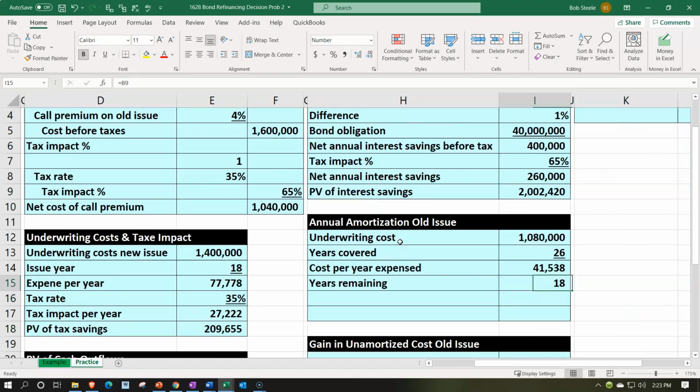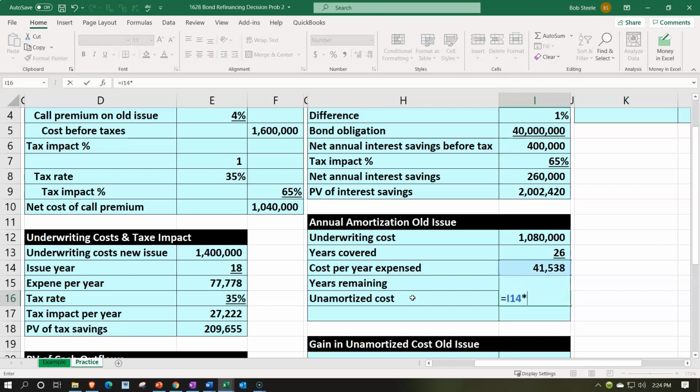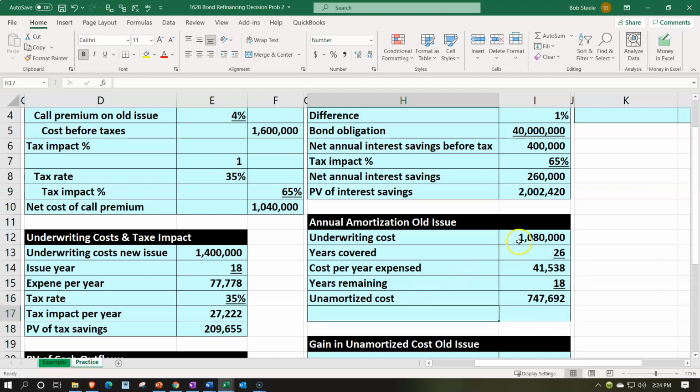That means the unamortized portion, if we're using just a straight line method here, the unamortized cost that we would still have a tax benefit for, would be the 41,538 times the 18. So we already have the cash flow of the 1,080,000, but we didn't get the tax benefit yet for all of it because we had to allocate it over the full life, 26 years, of which there are 18 remaining.